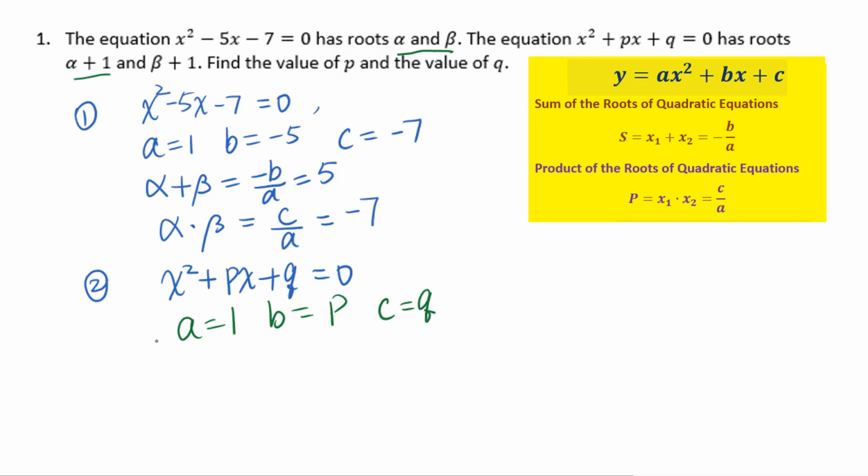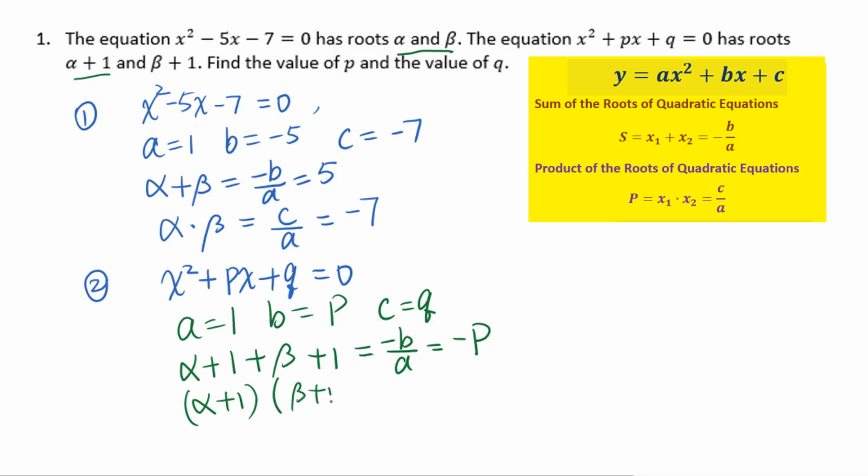Since alpha plus 1 and beta plus 1 are the roots, we have alpha plus 1 plus beta plus 1 equals negative b over a. That is negative p. For alpha plus 1 times beta plus 1, that equals c over a, which is q.